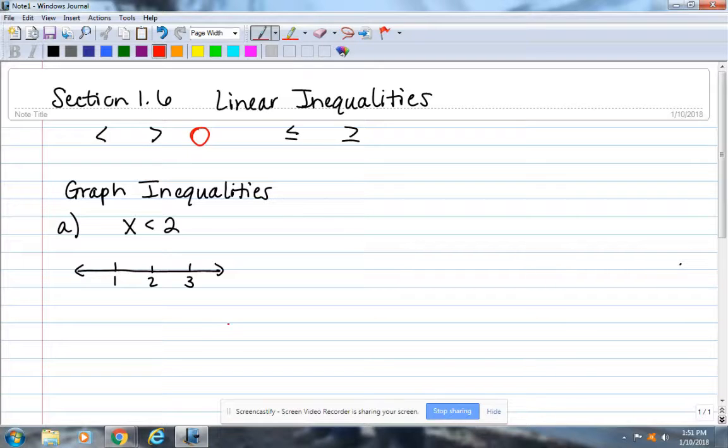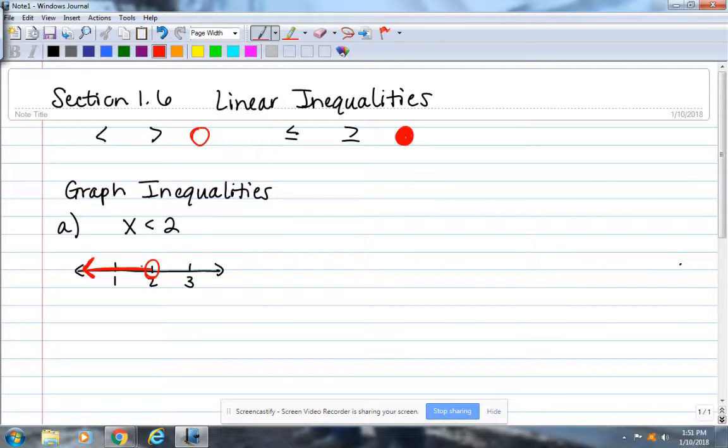If we have less than or equal to or greater than or equal to, we have a closed circle. Closed means it's included. Open means it's not included. Since this one is just less than 2 and not less than or equal to, 2 is a boundary for these solutions. So we put an open circle there, and we shade to the left because that's where everything that's less than 2 is.